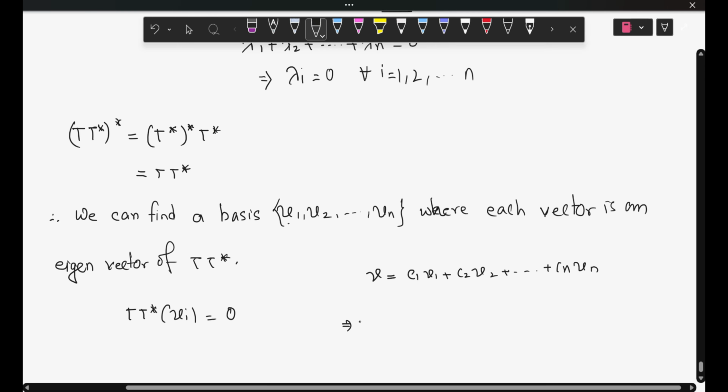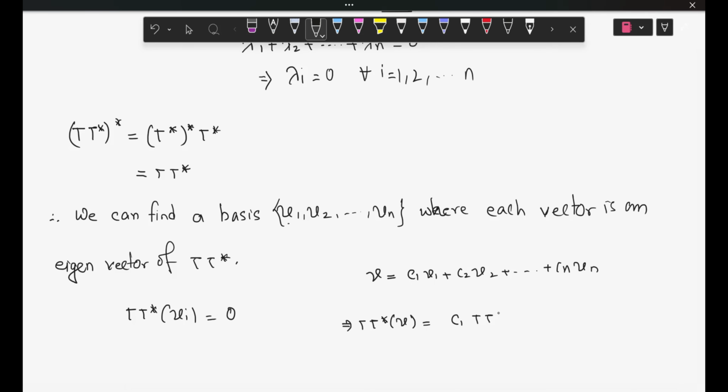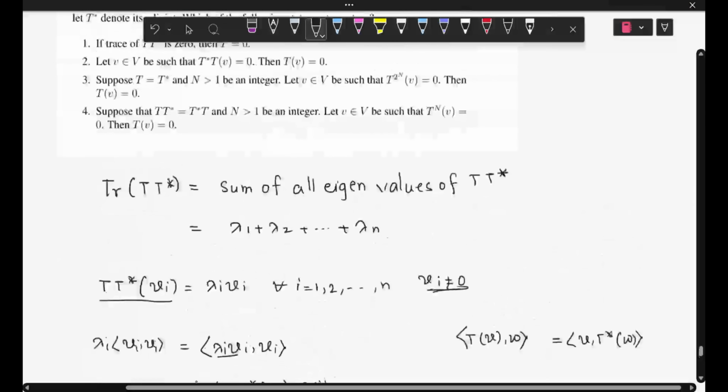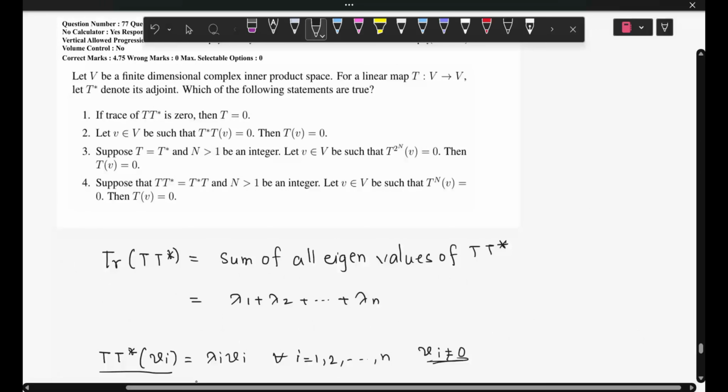If you calculate T star of v, this is equal to c1 T star of v1 up to cn T star of vn. Now each T star of vi is 0, so this is equal to 0, and hence T star becomes the zero linear transformation. So let's see our options. The first option is true.